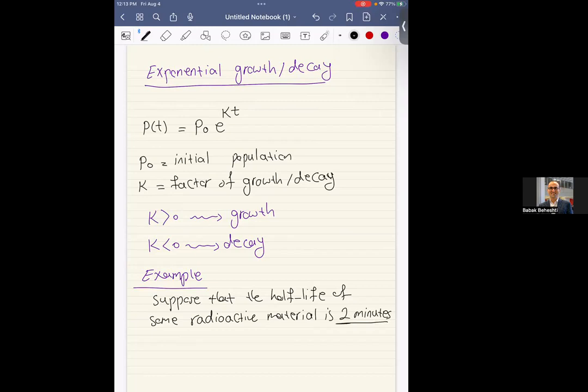If the initial amount is 500 grams, then write an equation for the decay. Generally, if you have a radioactive material, they decay.